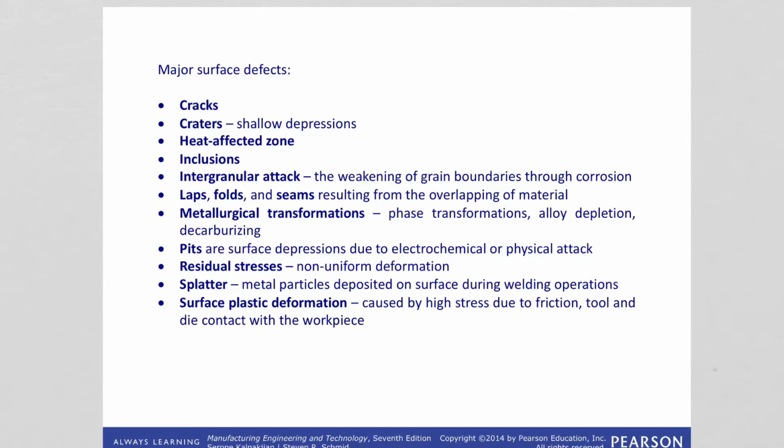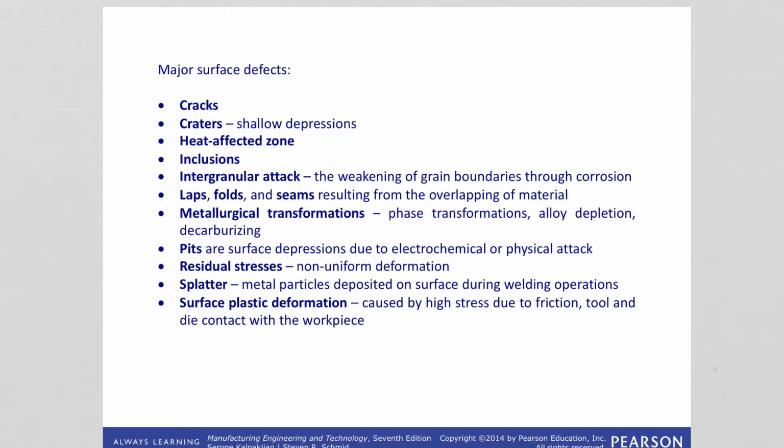Residual stresses. These are due to non-uniform deformation or non-uniform temperature distribution in the part. Not everywhere in the part experiences the same amount or distribution of stress, and this causes residual stresses within the material. Splatter.